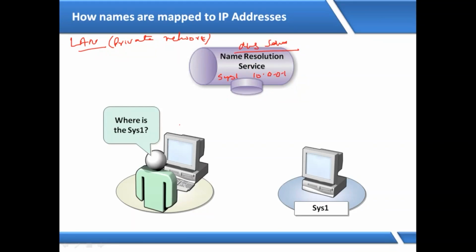So here we have to first write the entry of the machine name with the IP address. So when this user tries to access this machine by name, first the request will go to the DNS server with the help of the preferred DNS IP. So in this machine, the IP will be there, the preferred DNS IP will be there.